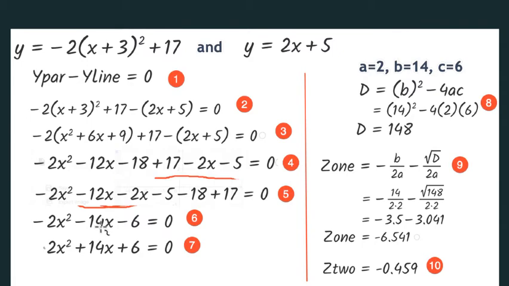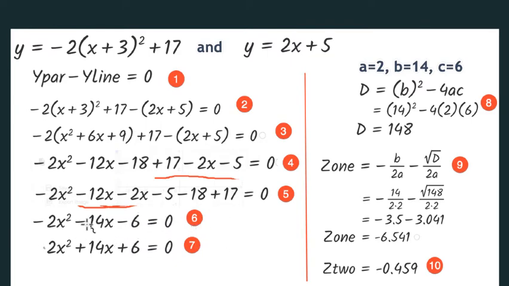So -14x in line 5. And in line 6, I simplify: -2x² - 14x, from -12x minus 2x, and then -5 - 18 is -23, plus 17 is -6. So that's line 6.